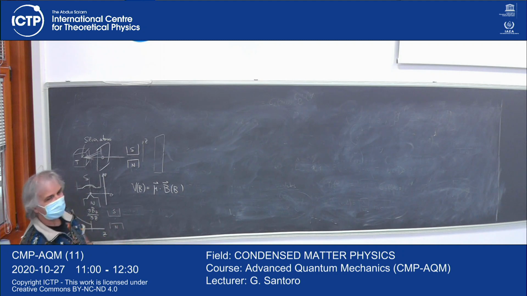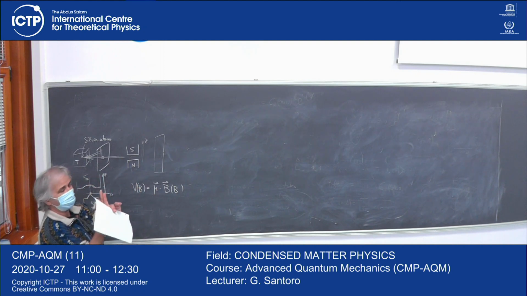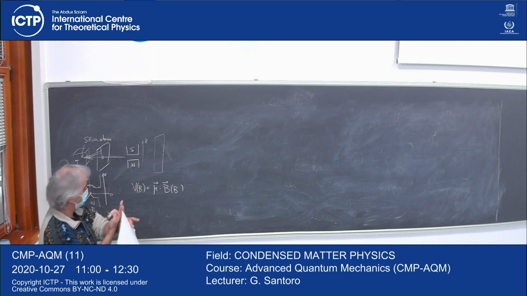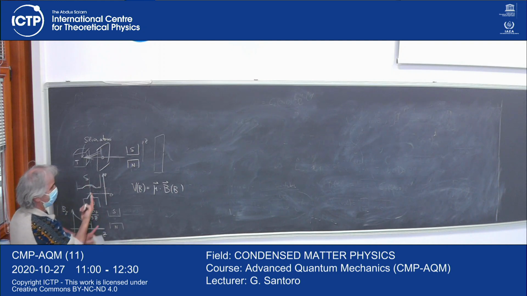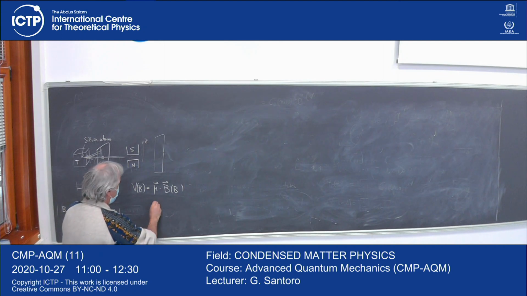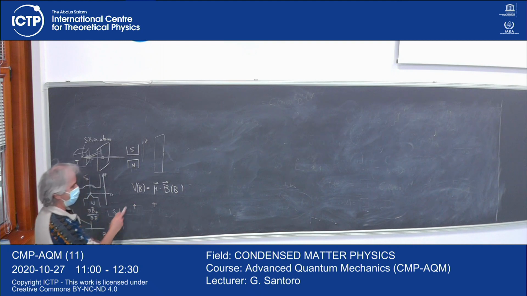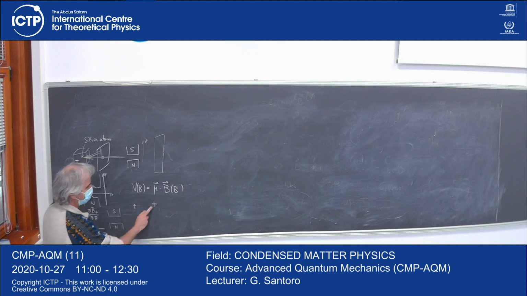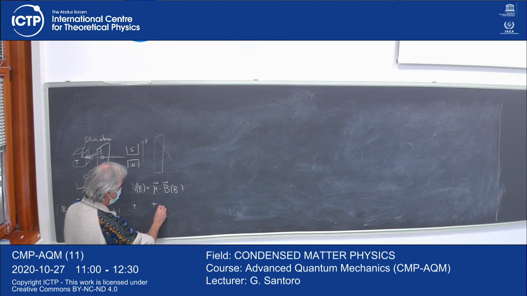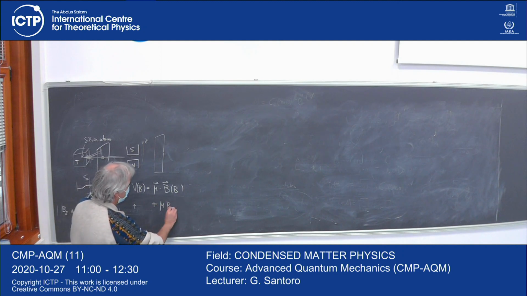Now, suppose that I have a magnetic moment coming into the object, and suppose the magnetic moment is aligned along plus Z, so with the field. The field is along Z, and mu is positive, so a moment which is up. Then the potential is plus the value of this magnetic moment times Bz.